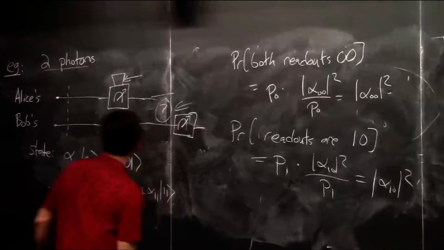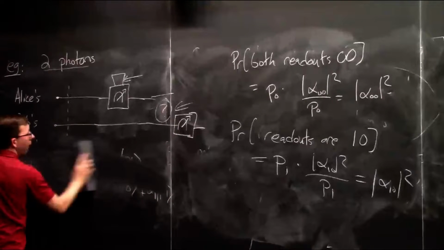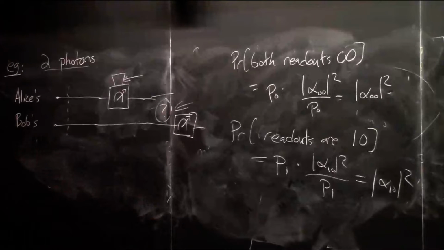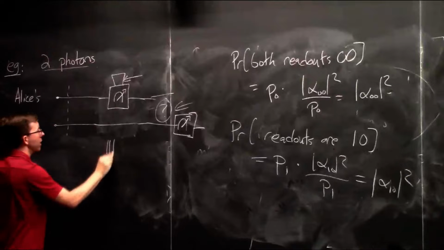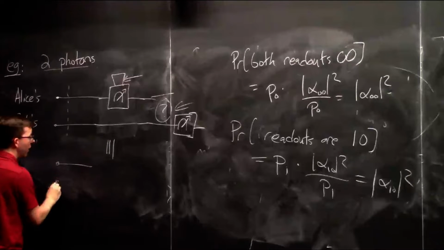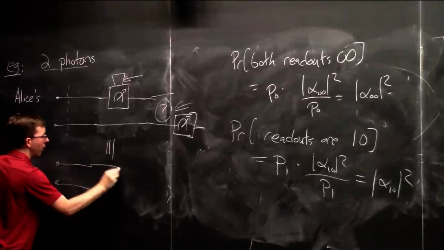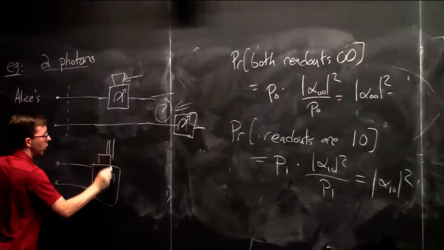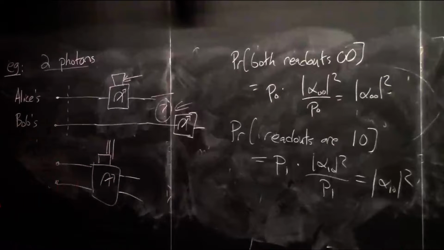So in summary, what this has shown is that, in some sense, this picture is equivalent to this picture, where you have one giant 2-qubit measuring device.